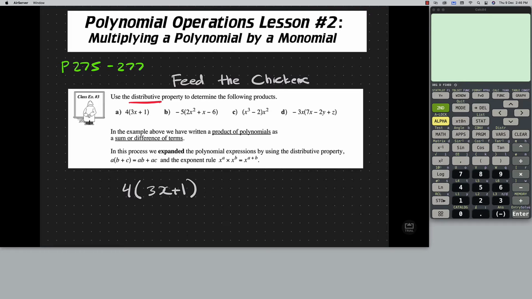We're going to basically multiply 4 times that binomial. By feeding the chickens, it went like this. This is the farmer right here, and he needs to go into the coop. And this is the coop right here, and he needs to feed that chicken, but he also needs to feed that chicken.